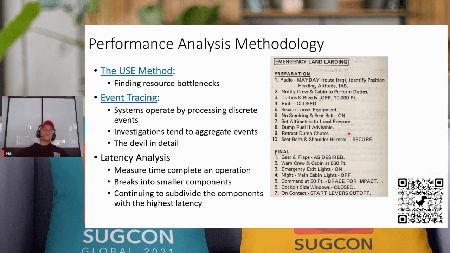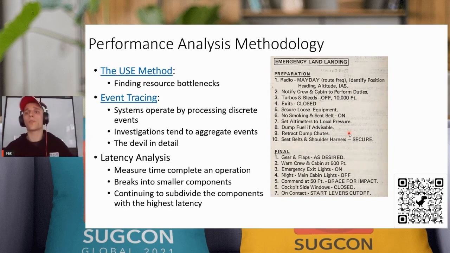The next methodology would be event tracing. Systems mostly operate by processing discrete events, like CPU instructions, disk commands, whatever. And when we're operating with performance analysis, it's usually an aggregation of those events together, like per second or whatever. However, the devil can be in the detail: specific data, specific time sequence of stuff.